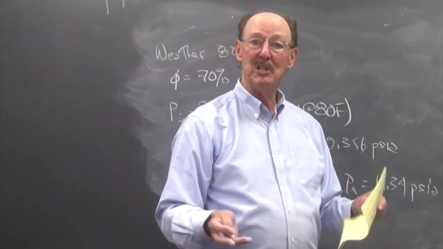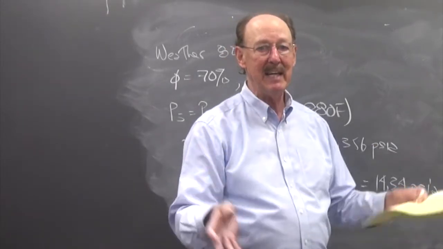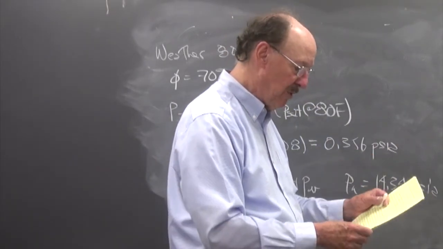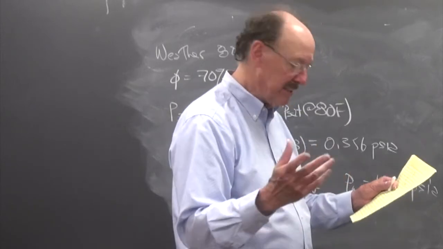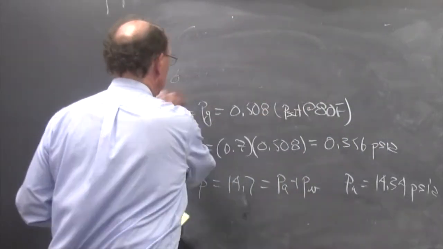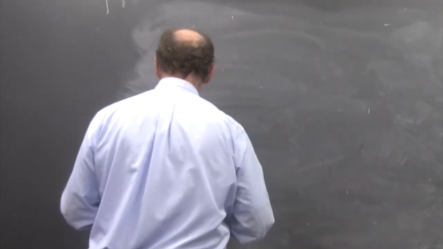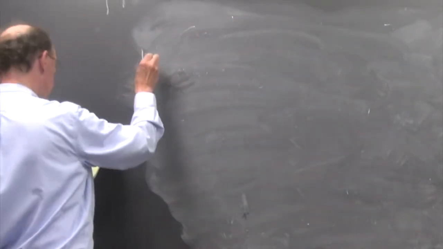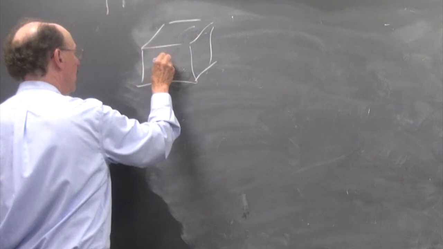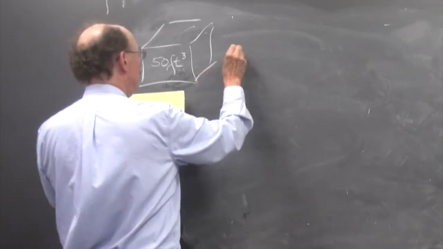Now, to use it in problem solving, we'll do heat transfer from a tank, we'll have condensation occur, and we'll find out how to use this relative humidity. We start off with that term, and then we end up having to calculate what's going on. So we're going to have a 50 cubic feet tank.